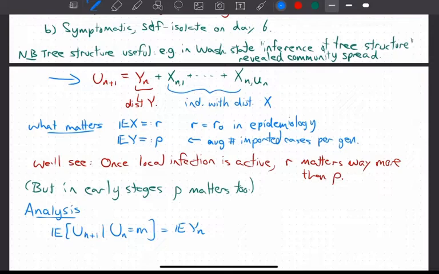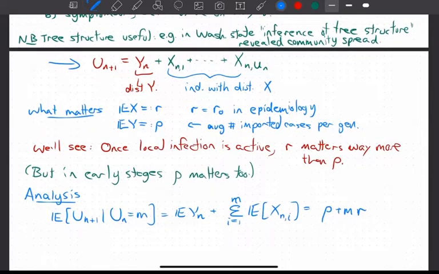We have the expected value of the imported cases, and then the sum from 1 up to m of the expected value of X_i, and that's just rho plus m times the mean of X, r.